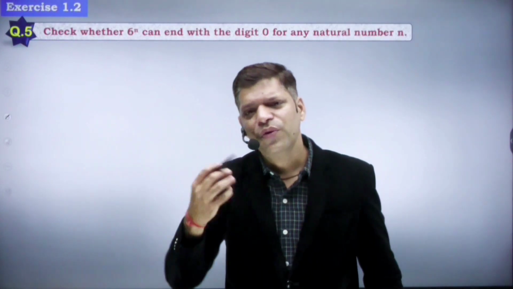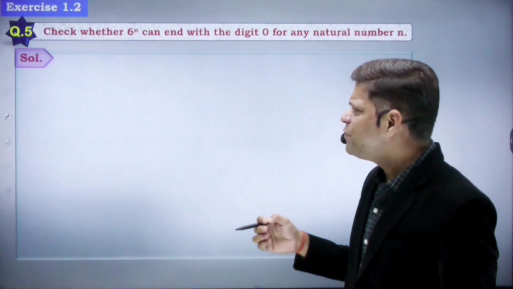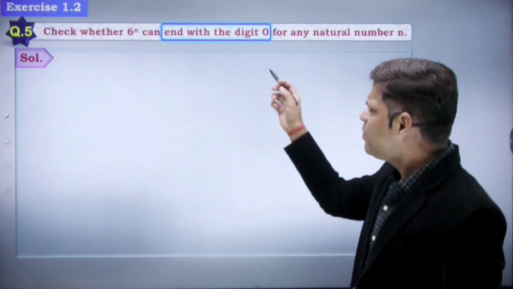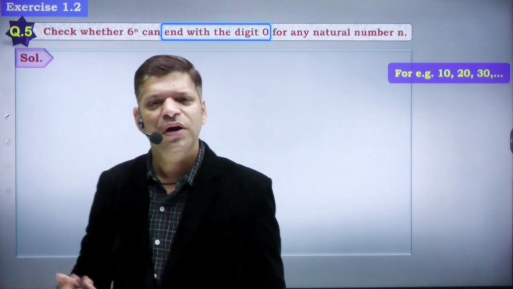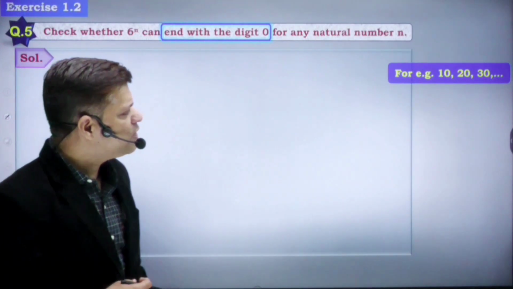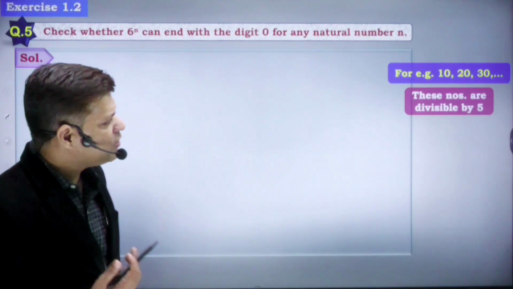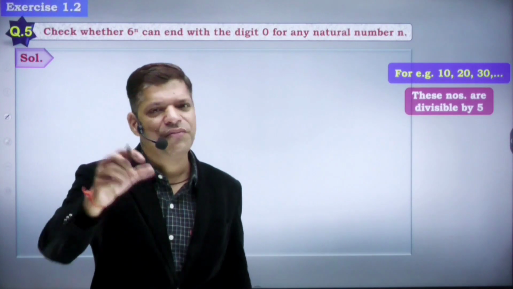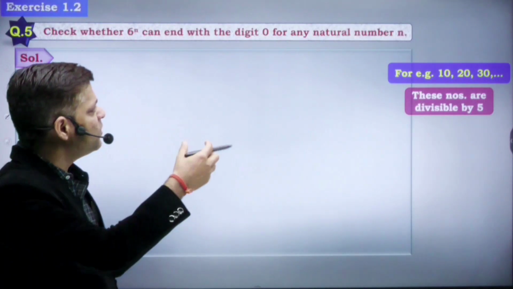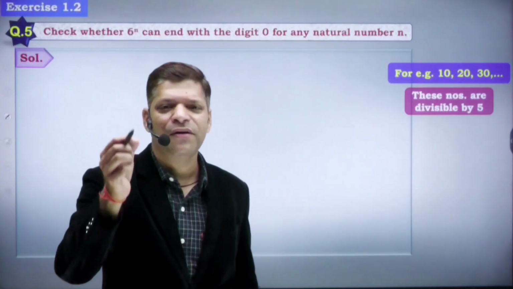So which numbers end with digit 0? Firstly we should know that numbers ending with digit 0, for example 10, 20, 30, all these numbers end with digit 0. What about these numbers? They are divisible by 5. So the first clue we find is that numbers ending with digit 0 are divisible by 5.